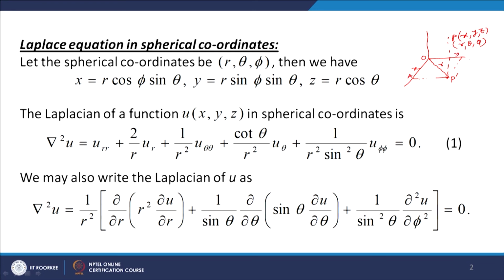So OA is x, OB is y, and this is point C. So OC is z, and this angle is theta. And this angle is phi, because phi is the azimuthal angle.